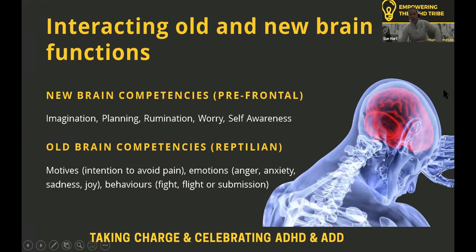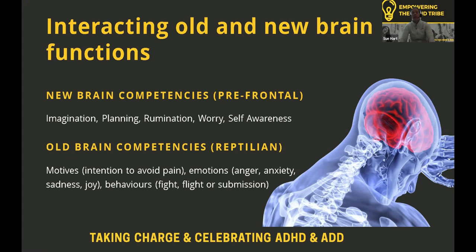So within the brain, there's two main parts. There's the old brain, the reptilian, and then the new brain, and the new brain has more to do with the prefrontal cortex. So the new brain is associated with imagination, planning, rumination, worry, self-awareness, and the old brain is really just fighting to survive.